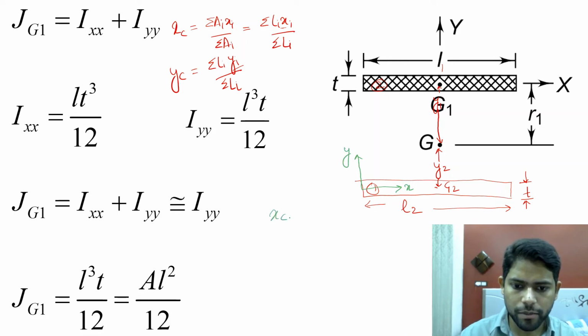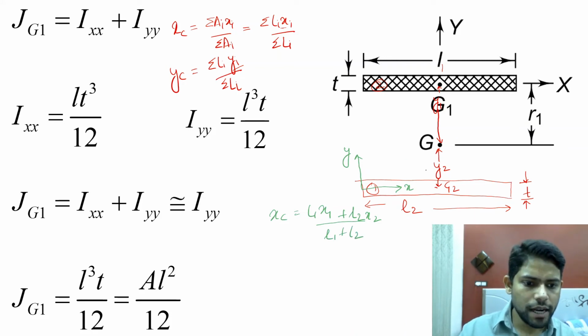So your xc will be equal to L1 x1 plus L2 x2 upon L1 plus L2. Now since you can see that the length L1 is equal to L2, so we can write this as L x1 plus L x2 upon 2L, where L is the length of the welds.